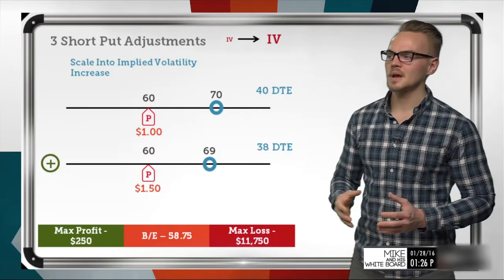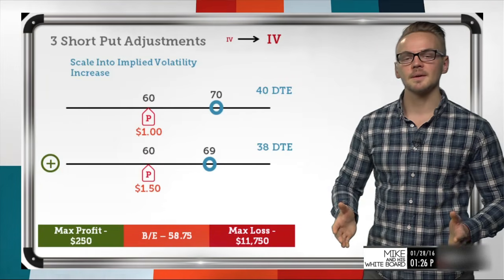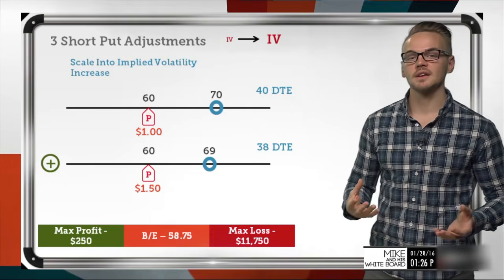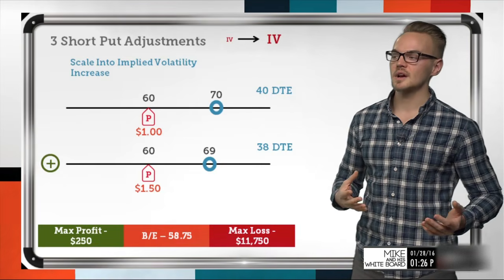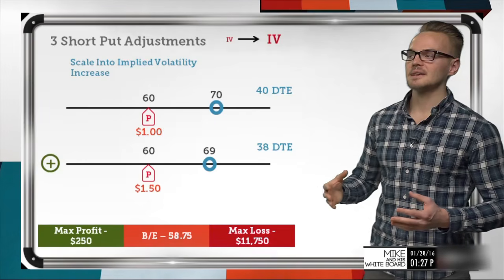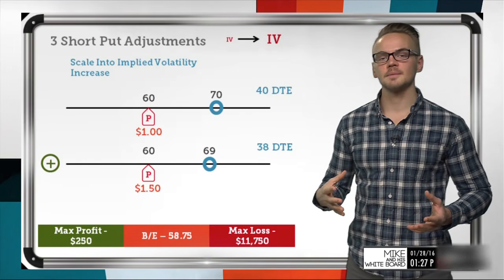So this is one way we can scale into opportunity if a short put gives us an opportunity in terms of implied volatility increasing to increase our max profit, lower our break even just a little bit, and give us a better implied volatility mean.